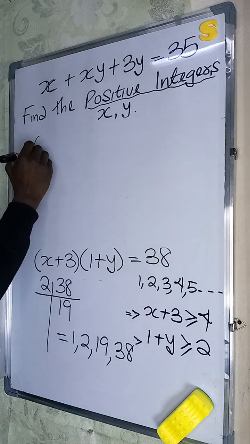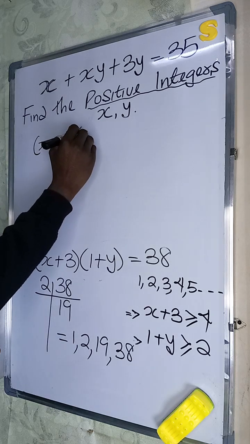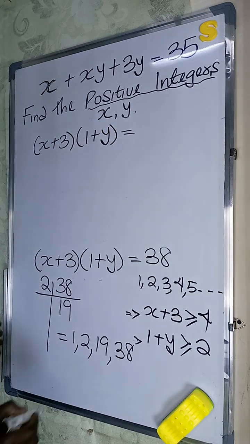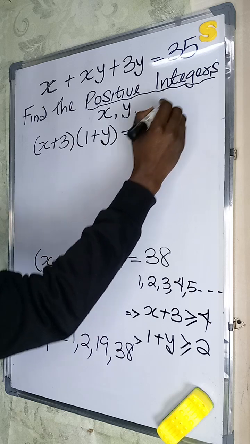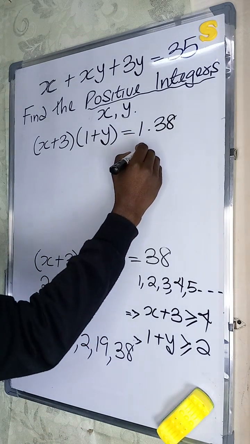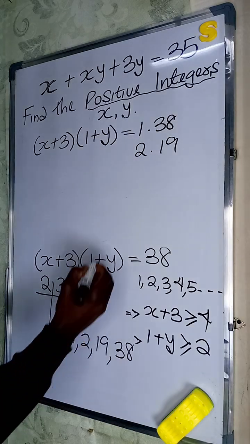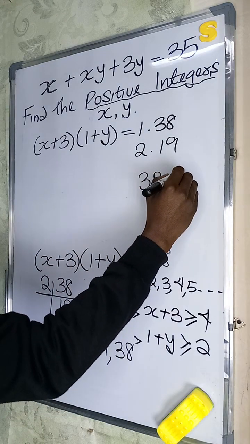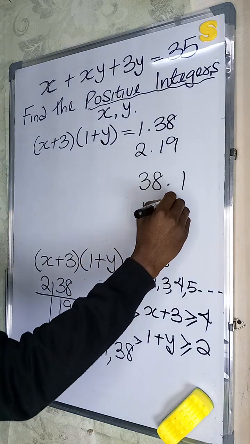So we'll have x plus 3 and 1 plus y being equal to either 1 multiplied by 38, or 2 multiplied by 19. On the other hand, it can also be 38 multiplied by 1, or 19 multiplied by 2.